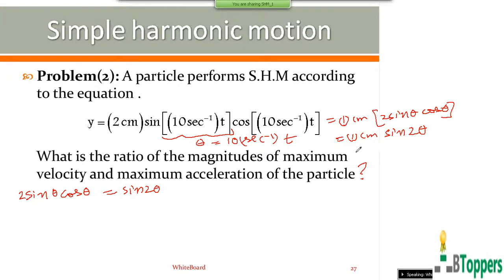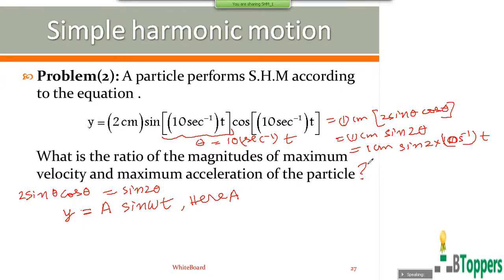So we can substitute theta equal to 10 second inverse into t here. So the equation for displacement of the particle performing simple harmonic motion according to the given equation can be written in the form y equal to a sine omega t, where a is the displacement amplitude.